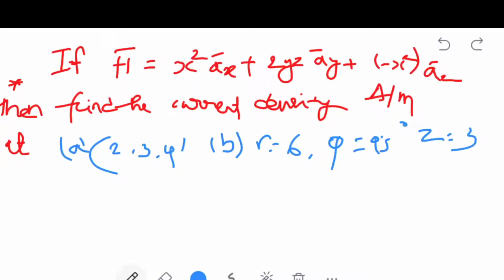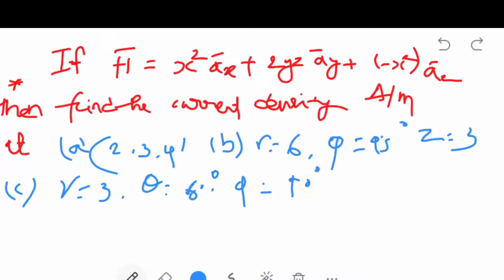Find the current density at these points, and at C, R equal to 3, theta equal to 60 degrees, phi equal to 90 degrees. The first is the Cartesian coordinate system, the second is the cylindrical coordinate system (r, phi, z), and the third is the spherical coordinate system.